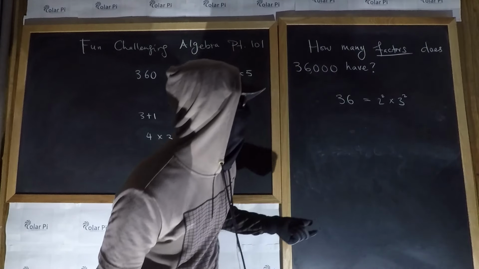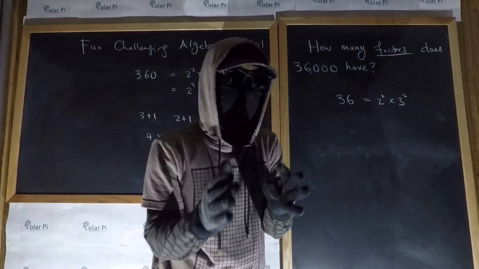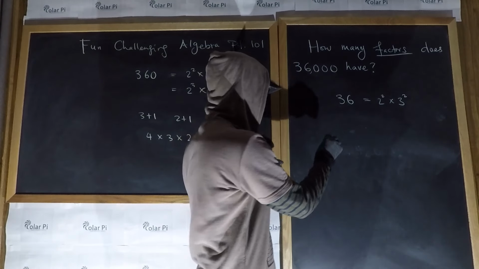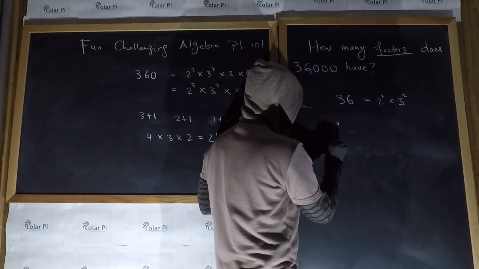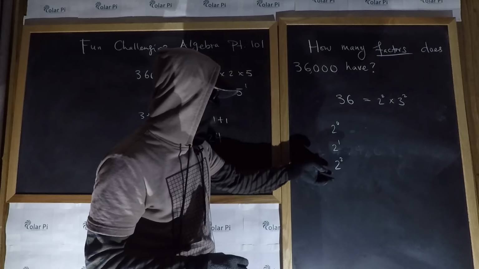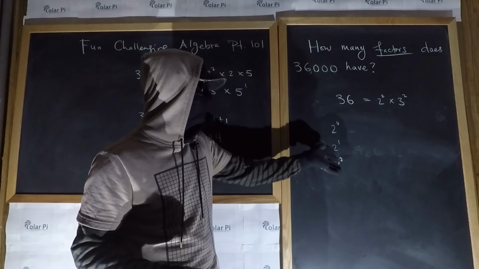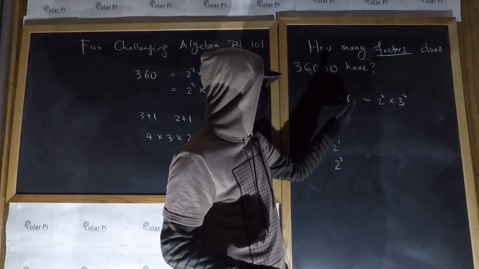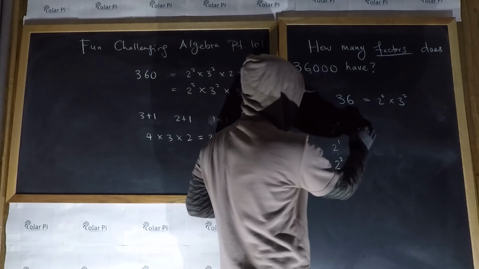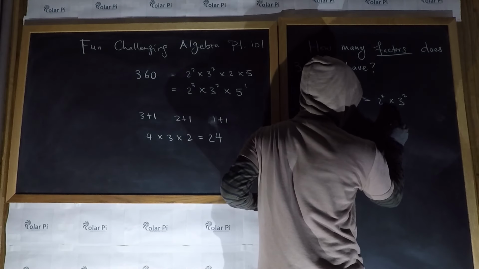We have to cook with them to make any factor of 36. What we're allowed is to use 2 to the 0, 2 to the first, and 2 to the second. We can't have more than 2 to the second, because that's the most that we see in the factorization of the number itself. And then for 3, we similarly have 3 to the 0.